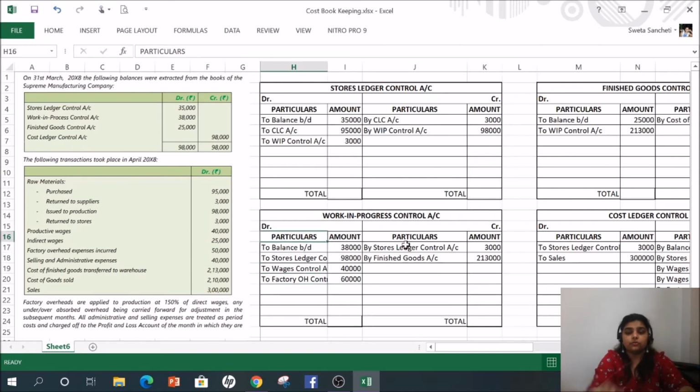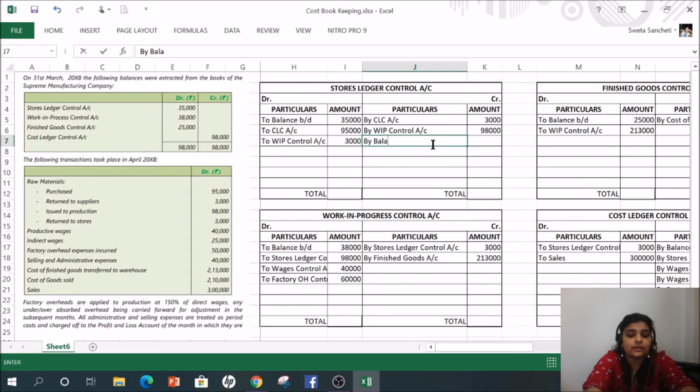Now coming to the closure. When we are closing the books, always close it in the format of cost sheet. So in our cost sheet, they first talk about the material. So we are going to first close our stores ledger control account. I have the opening balance, I have the purchases, I have the transfer to the production floor. What is remaining is the closing balance.